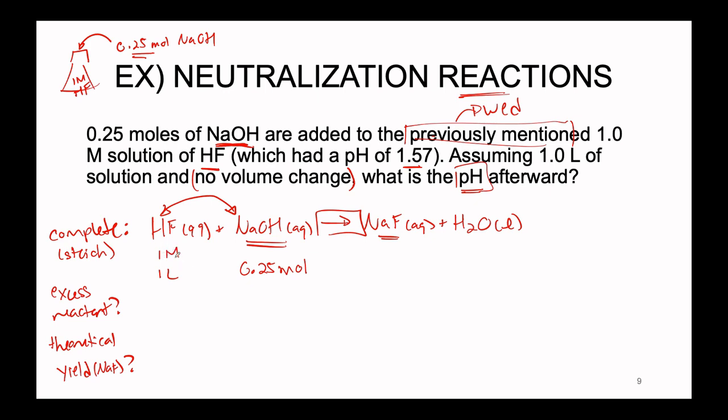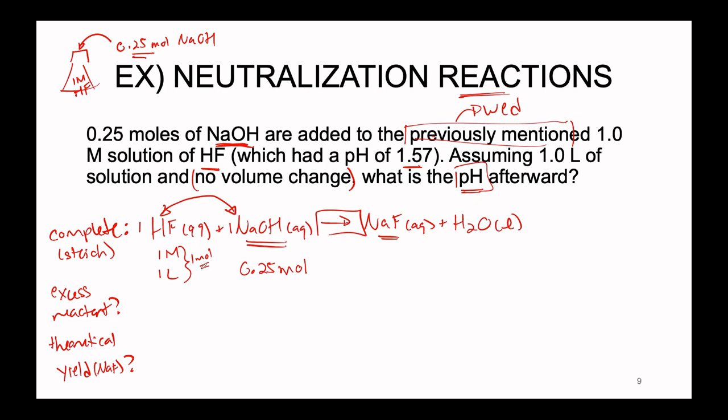Now, if we have a 1 molar solution and 1 liter of that 1 molar solution, what this means is that we actually have 1 mole of HF. So we're mixing 1 mole of HF with 0.25 moles of sodium hydroxide. Let's figure out which one of these is the limiting reactant. Well, we can see that both of these solutions are being mixed together in a 1-to-1 ratio, right?